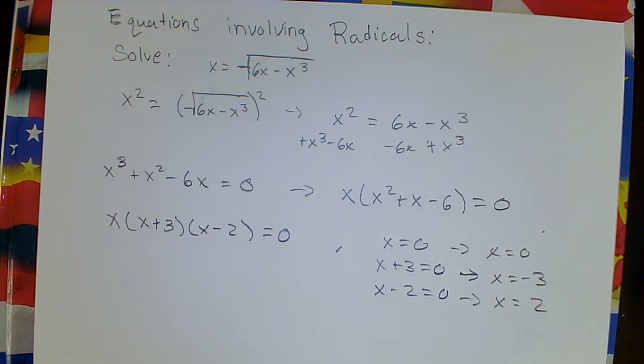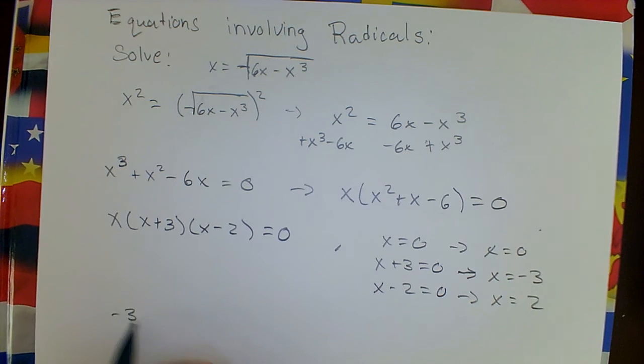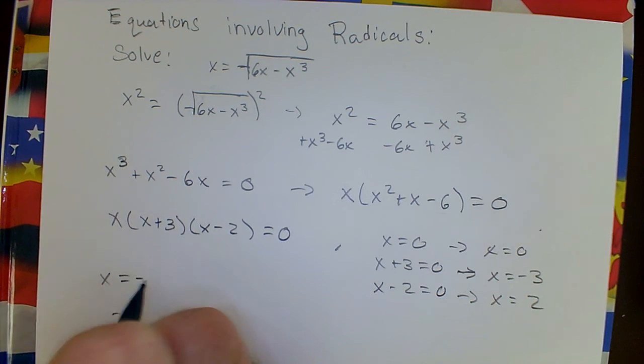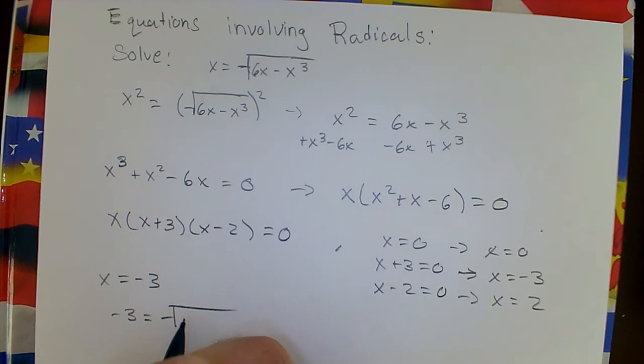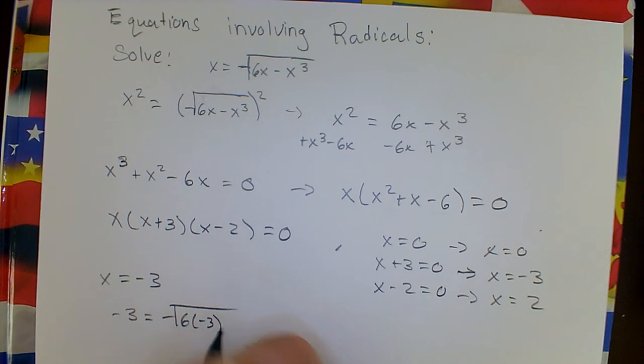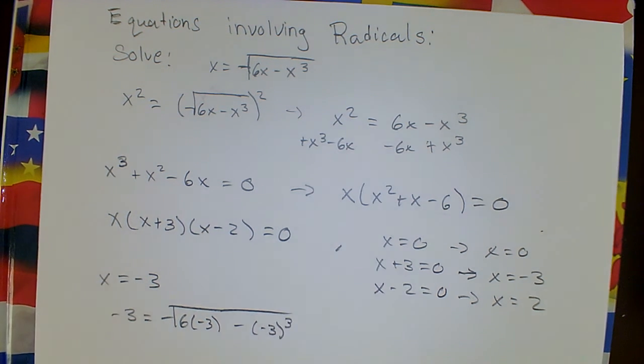Those are the solutions to the equation, but we need to check them. In the original equation, let's do negative 3 first. Negative 3 equals the square root of 6 times negative 3 minus negative 3 cubed.